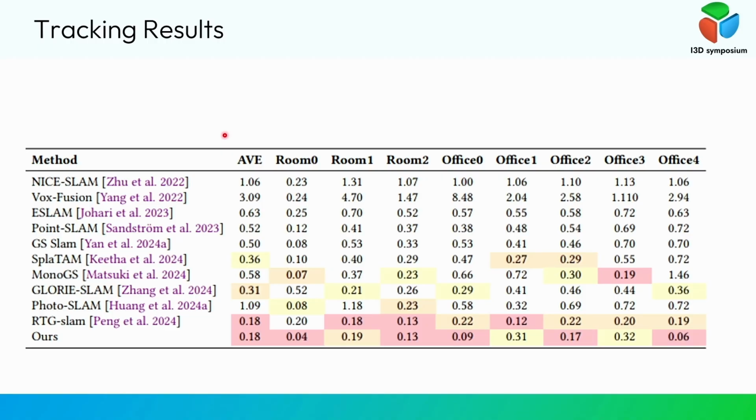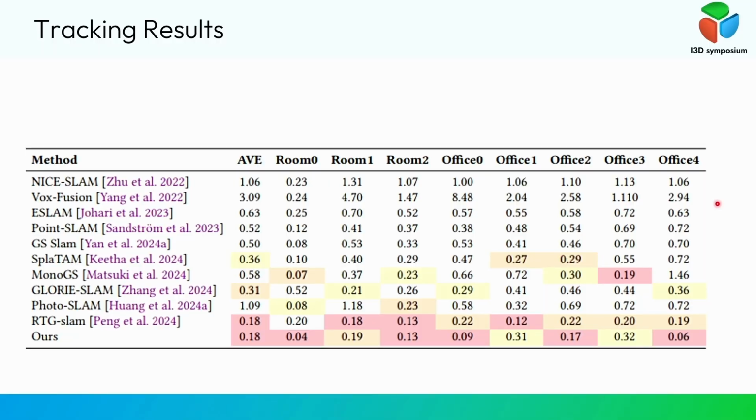We evaluated the trajectory ATE, the average trajectory error, as our tracking result. And these are the SOTA methods from NeRF SLAM, the early Droid NeRF SLAM and early Gaussian SLAM methods. You could see that for most of the scenes, our pipeline works better than previous SOTA pipelines.